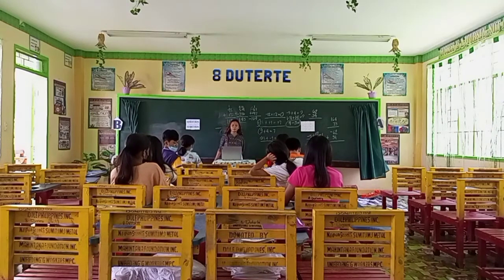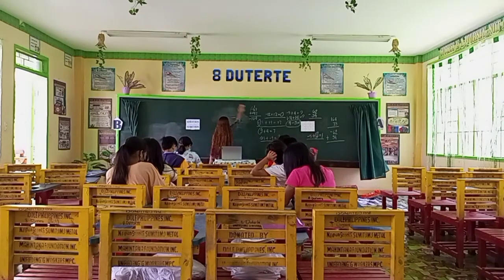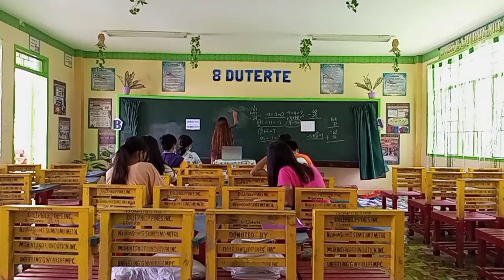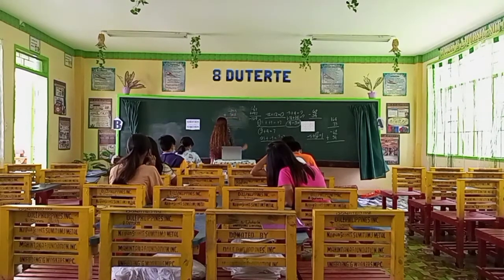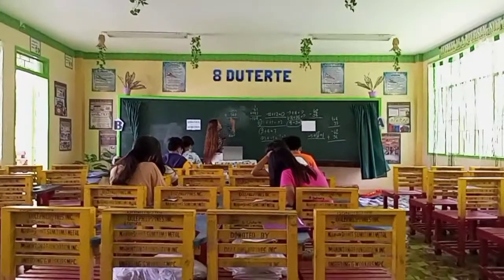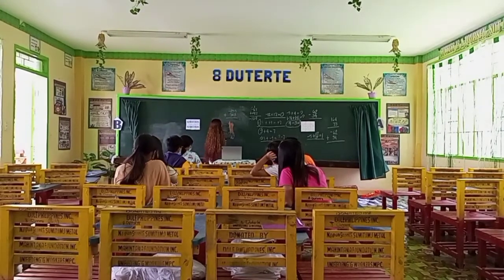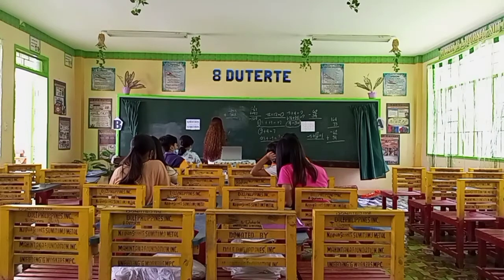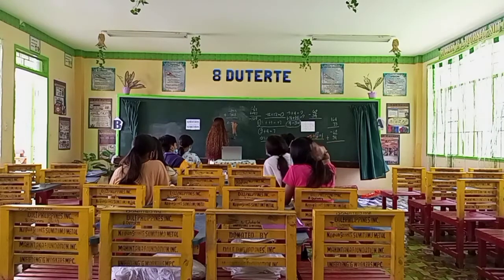For the fourth number, negative 253 plus positive 748. Letter A, negative 365.